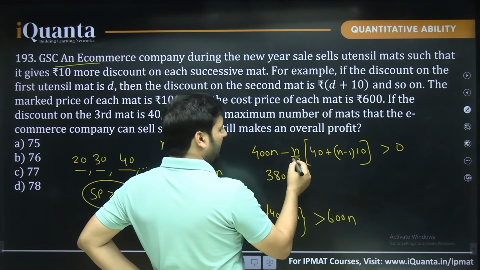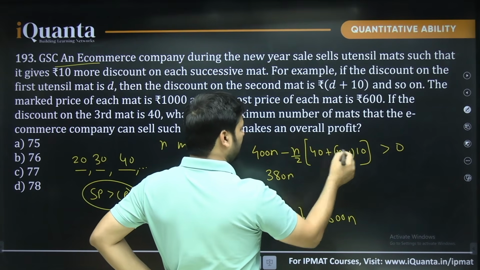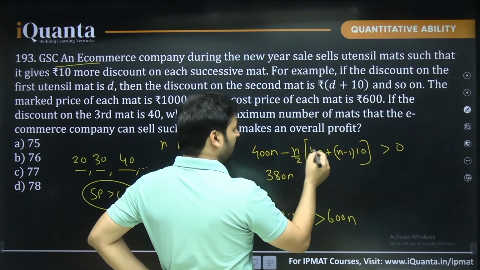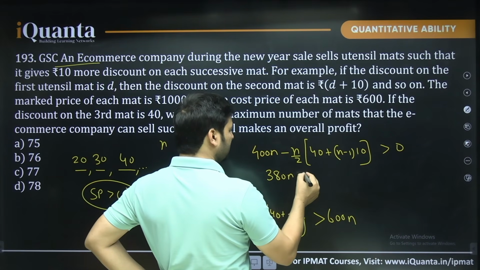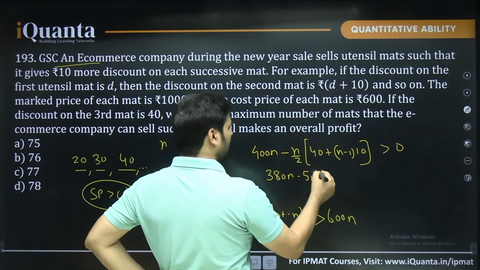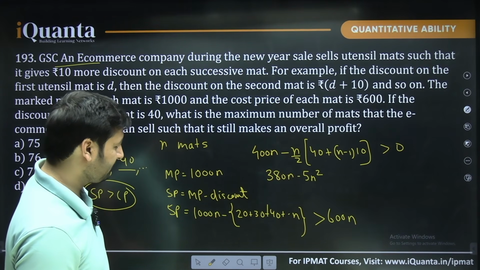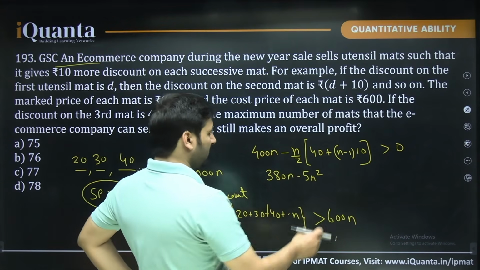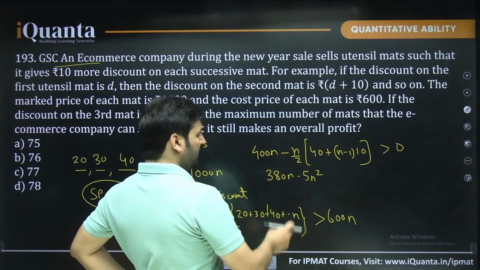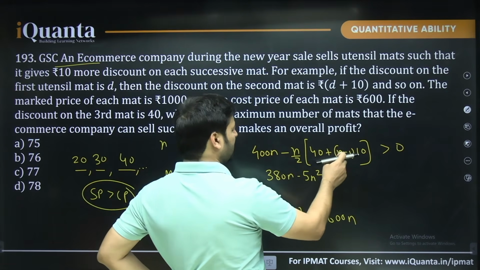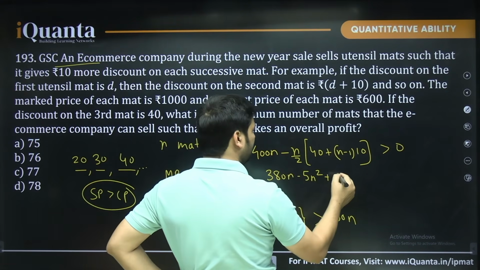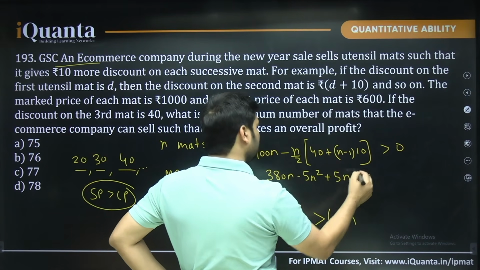Then 2 cancels 10, 5, and n into 5n, so minus 5n square. And then we have minus, plus 10n by 2, so plus 5n. This should be greater than 0.